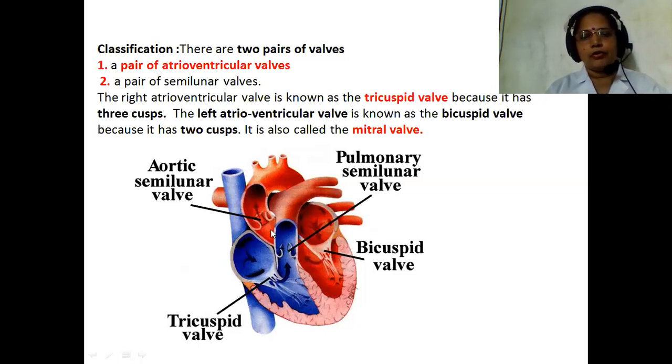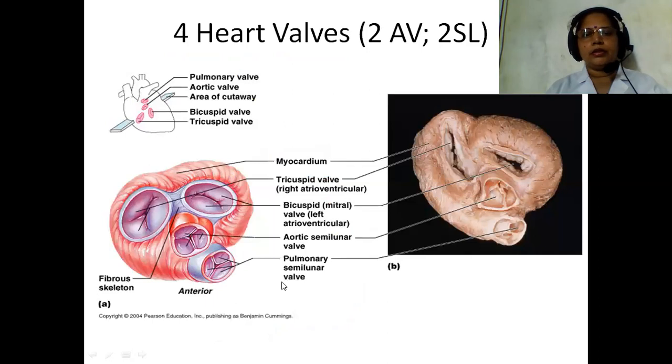Second, the left atrioventricular valve is also called a bicuspid valve because it has two cusps, and this bicuspid valve is also called the mitral valve. This is a dissected part, you can see very clearly. In that part, this structure is called the myocardium.